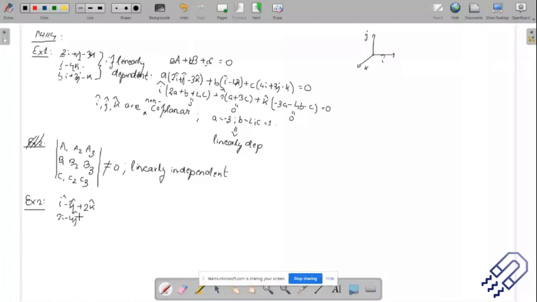And then we have got 3i plus 2j minus k. So what you have to do is you have to just prove that this is linearly independent.